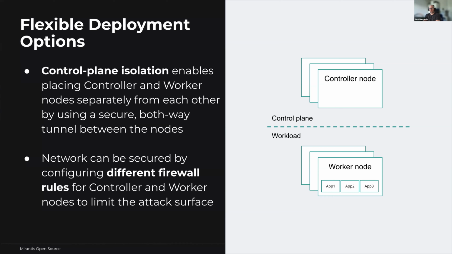Let's see if I have some time, I might be able to demo this quickly, but basically you can have different network segmentation between the controller nodes and worker nodes, or different sets of firewalls and NATs and whatnot in between.